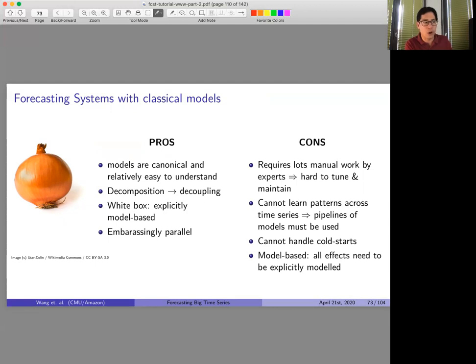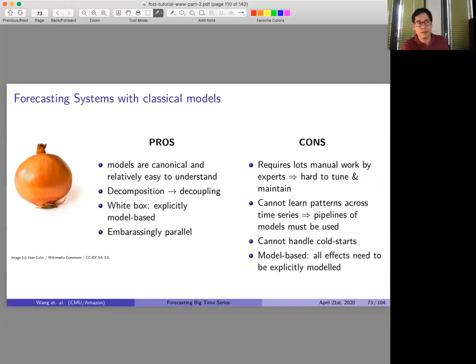Each model hopefully is quite easily understandable or somewhat simple. This means that we can inspect it potentially well. We have a white box approach here. And because many of the classical models operate on a per time series level, hopefully this is embarrassingly parallel in a computational sense.